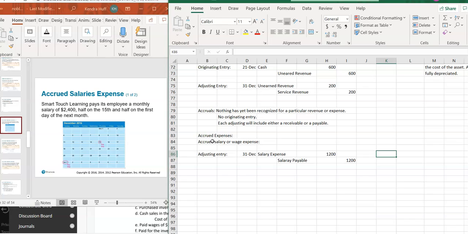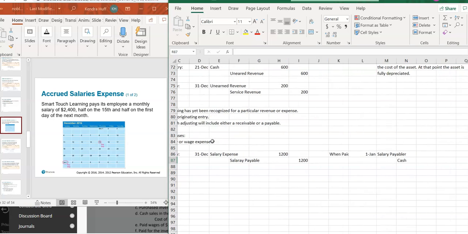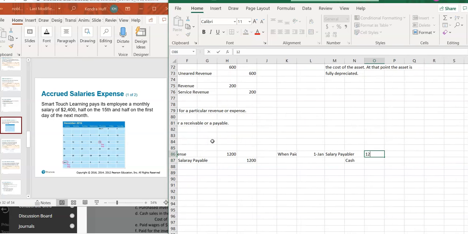When they actually pay it, I'm going to move over here. When paid, it's going to get paid on January 1st, I guess. I don't know, that's a Sunday, so I don't know about that. But when they actually pay it, it's going to be a debit to salary payable and a credit to cash for the $1,200.